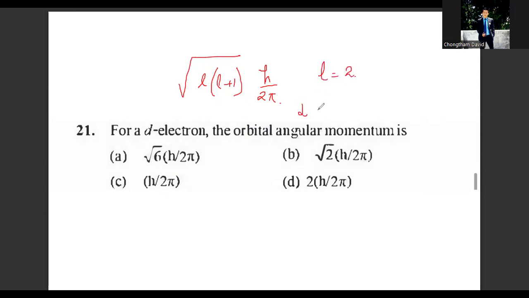So what is the value of this angular momentum? Root over 2(2+1) h by twice pi. Now if you simplify this, 3 times 2 is 6, the answer would be root over 6 h by twice pi. Option A is the answer for question 21.